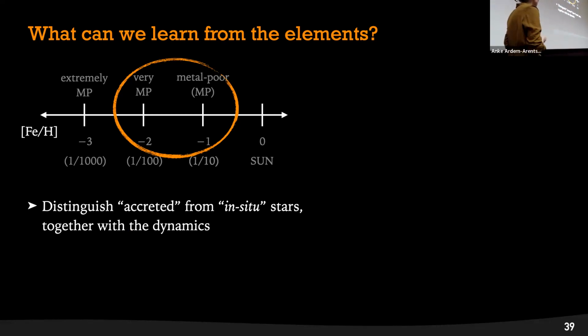Stars in situ formed in this very large galaxy, which has very quick star formation and enriches very quickly, just because you have a lot of stuff going on. Whereas accreted systems are usually smaller. You have a few supernovae, you have a bit of a break, you have more supernovae. It's a bit of a slower pace. So you can imagine that these ratios of different elements will be different for these in situ and accreted stars.